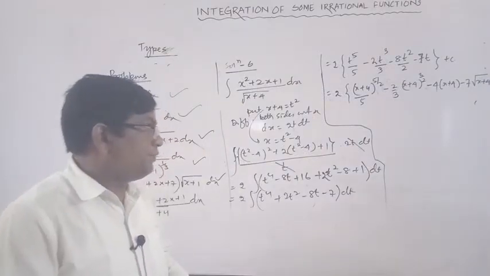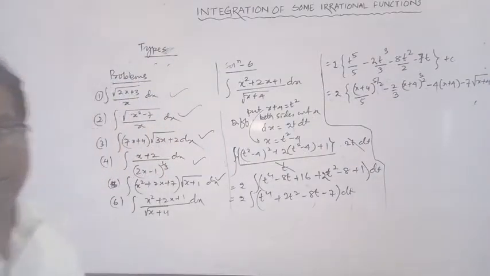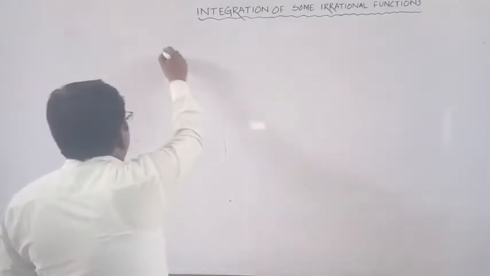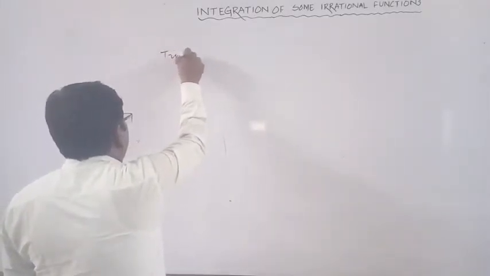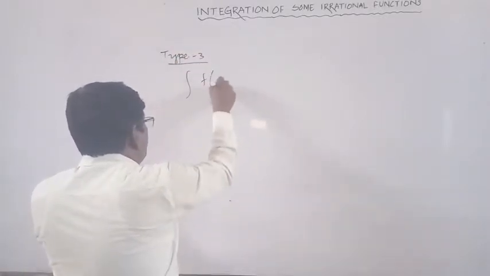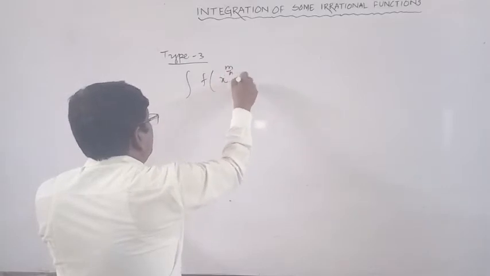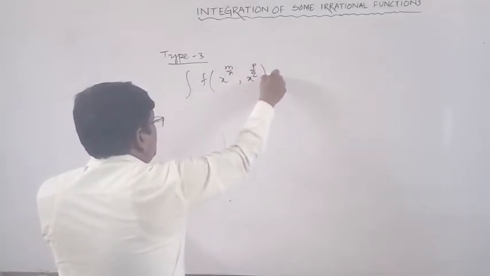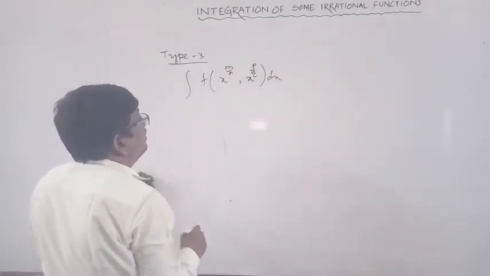Now another type, type 3, that is integration of a function of x^(m/n) and x^(p/q) dx.